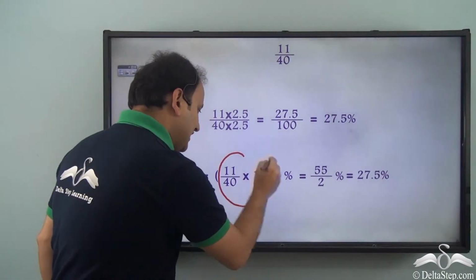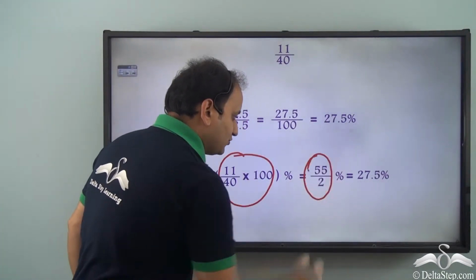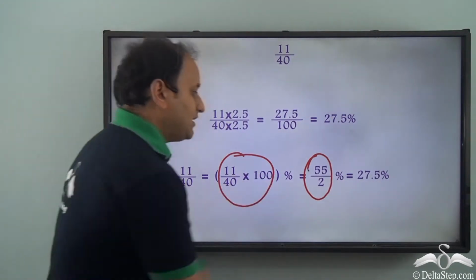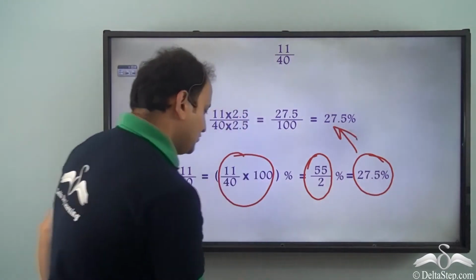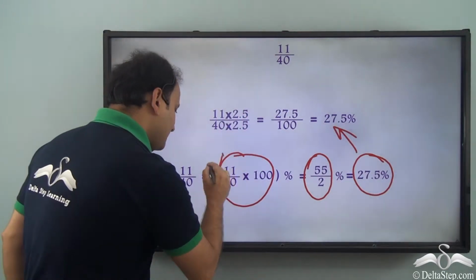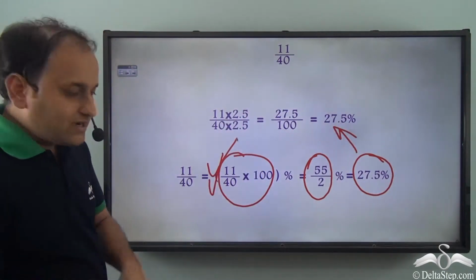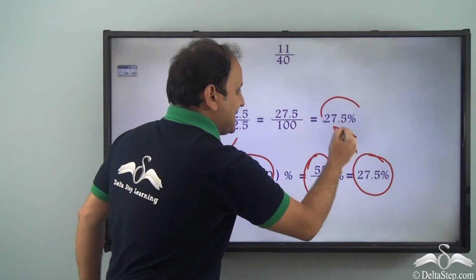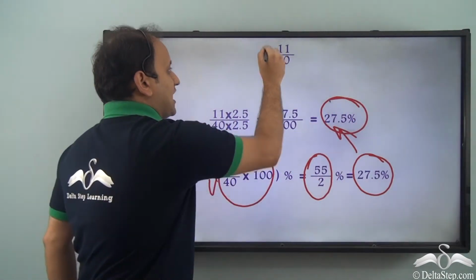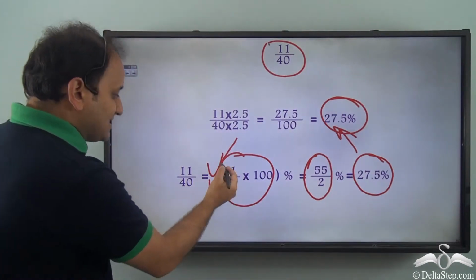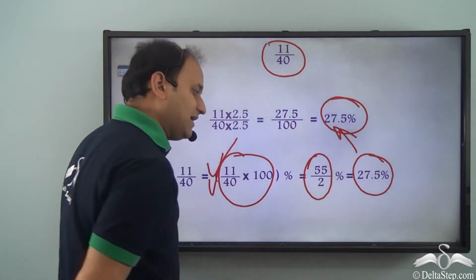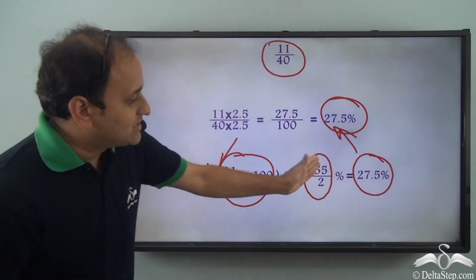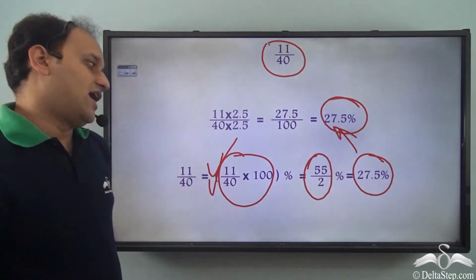So we solved this value and we got 55 by 2%, which is nothing but 27.5%, which is same as this one, right? So this is also a method to get the same answer. That is, to convert a fraction to percentage, you can simply multiply the fraction with 100 and place a percent sign beside it, as you can see, and we got this answer.